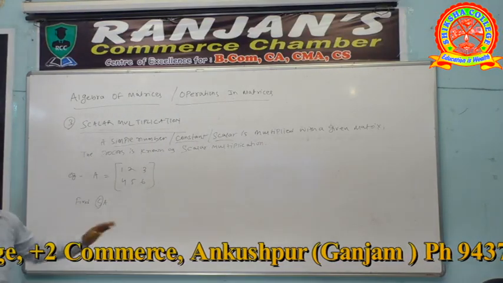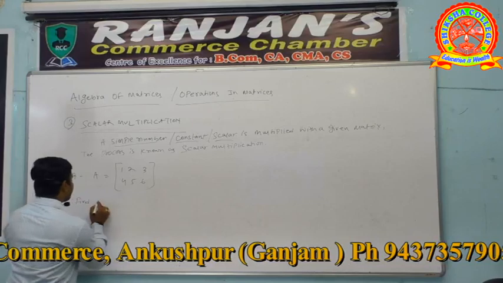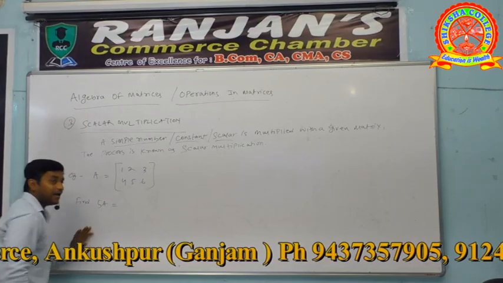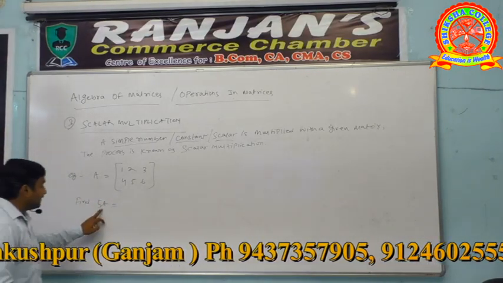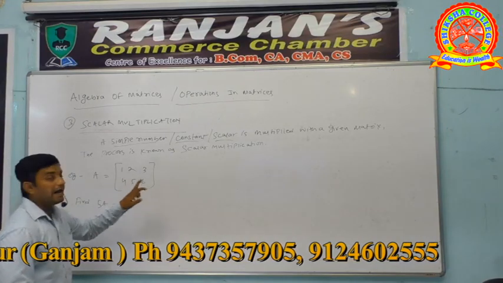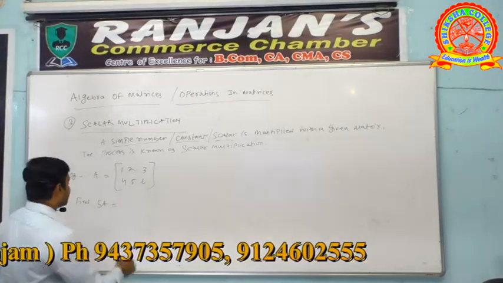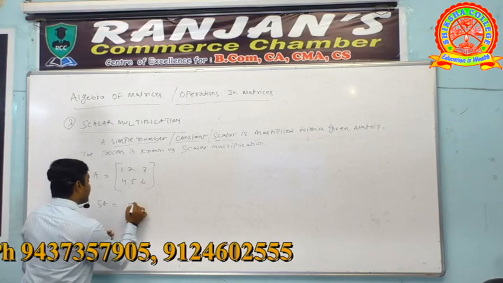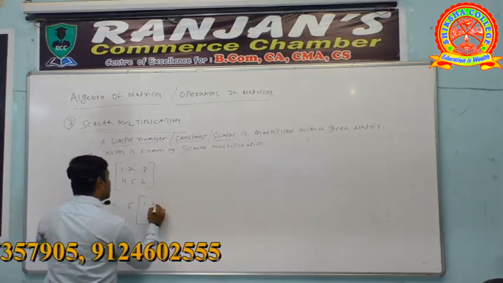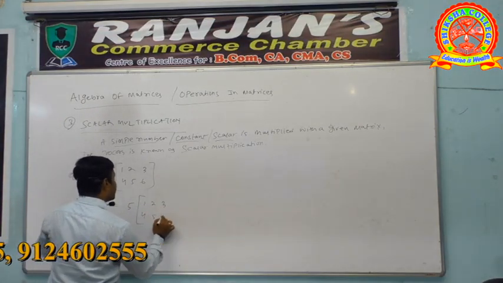When it is multiplied with A, what do we derive? 5A means simply multiply 5 with each and every element of the given matrix. So 5A means 5 into 1 2 3 4 5 6.